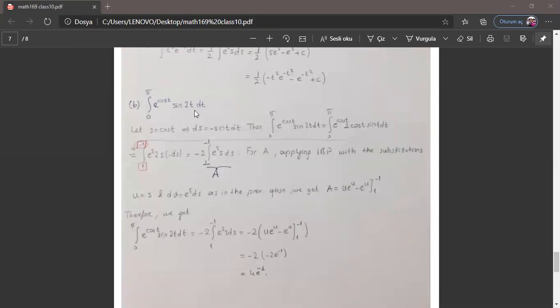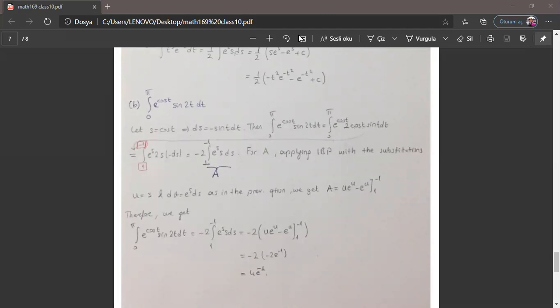Okay, so this is, again, we will use substitution first. We say s is cosine t, then its differentiation is this. So we have then this e to the cosine t, 2 cosine t sine t dt, right?